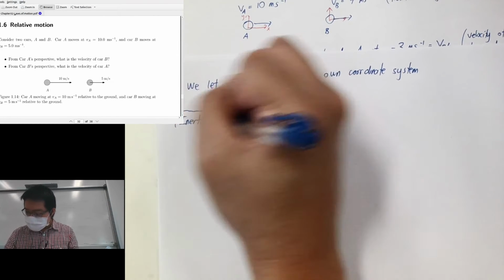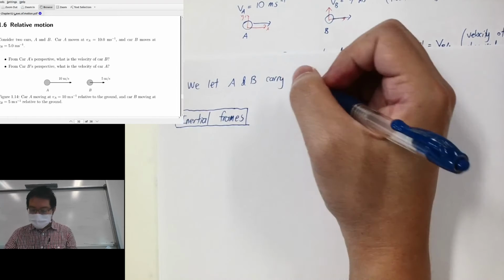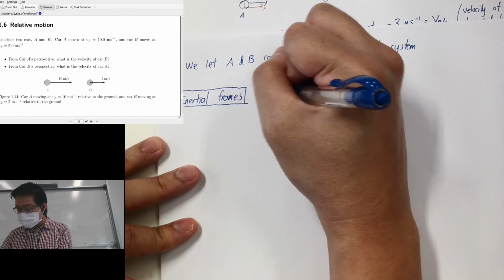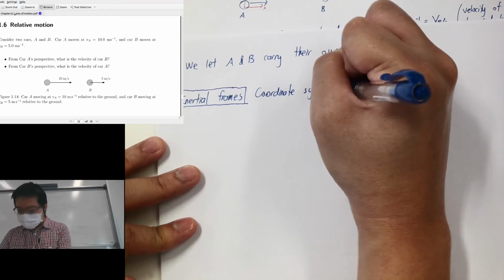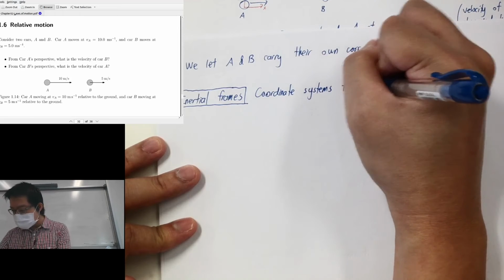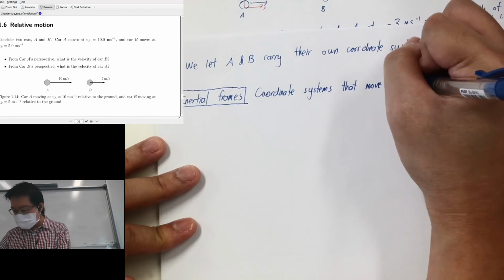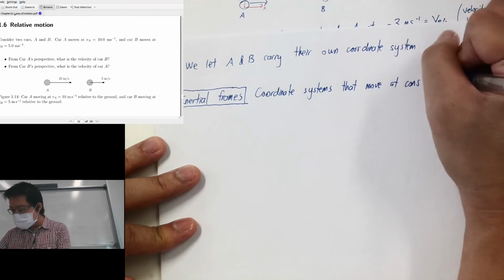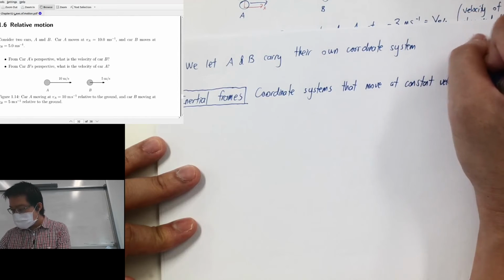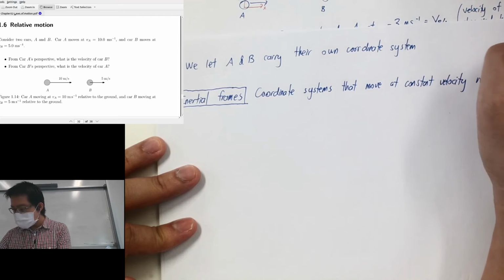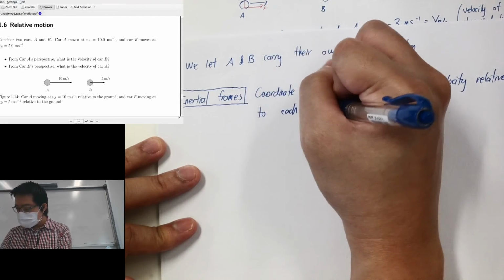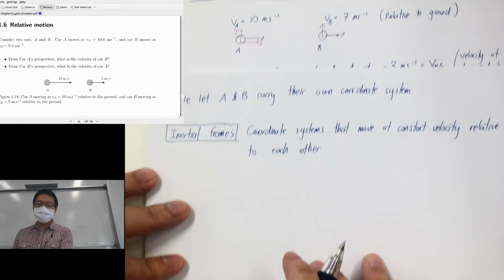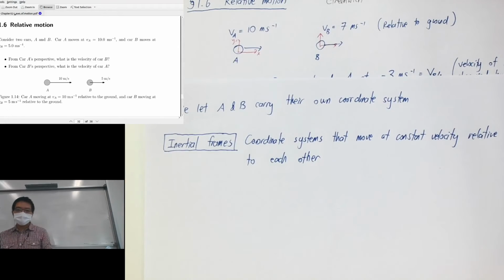Inertial frames are coordinate systems that move at constant velocity. Okay, so this is what we mean when we talk about inertial frames.